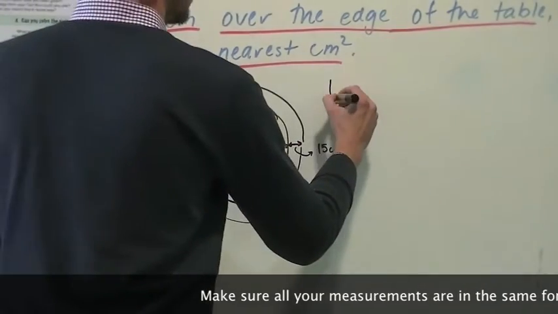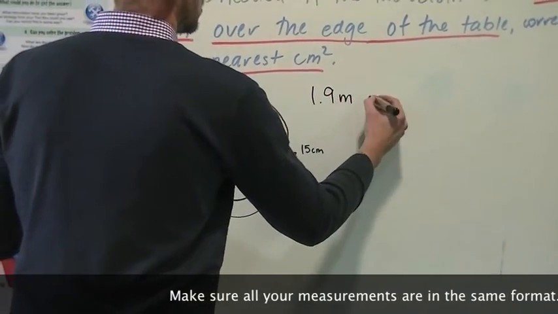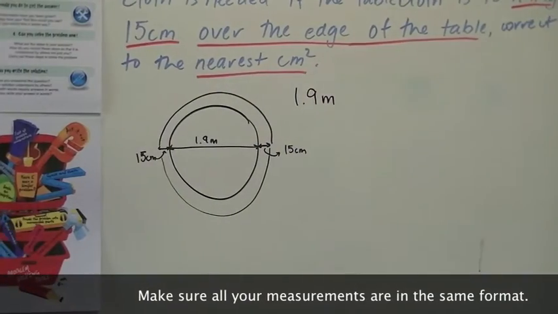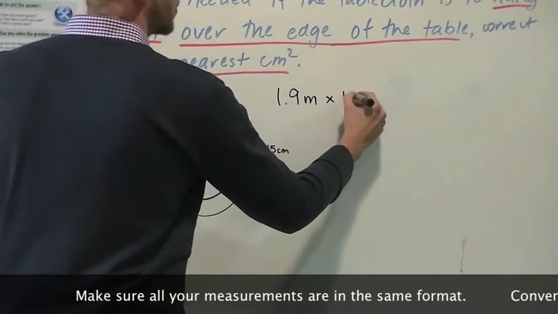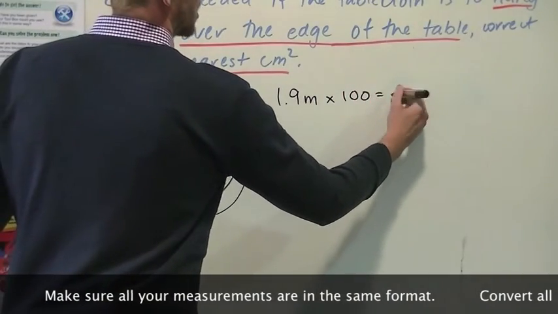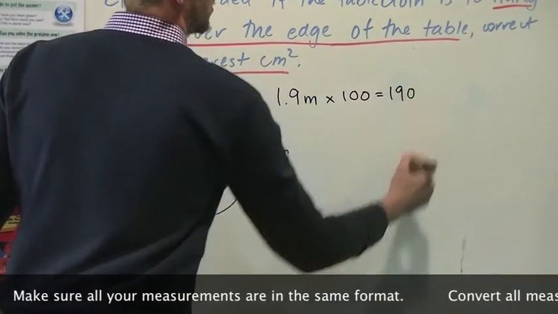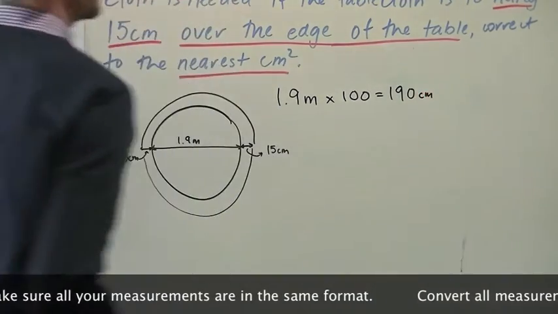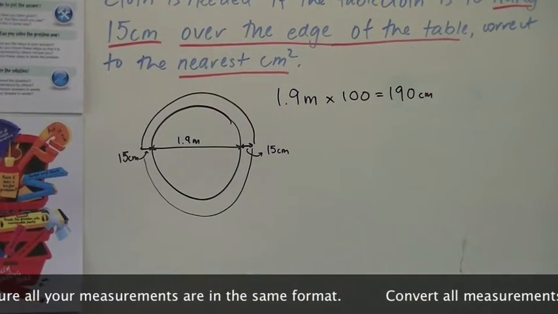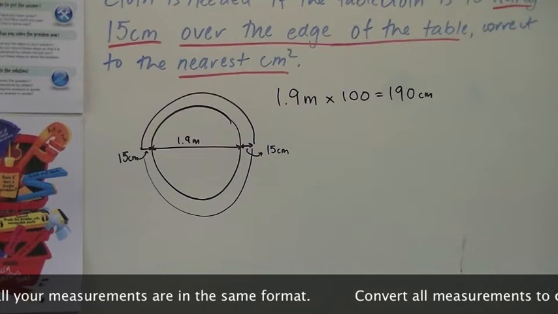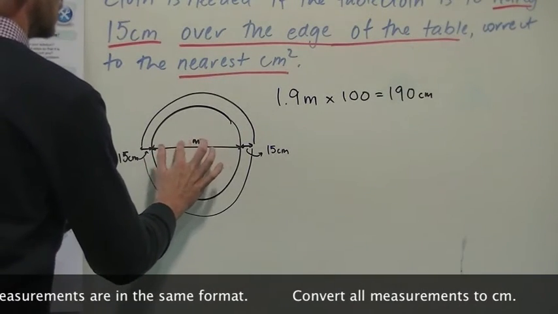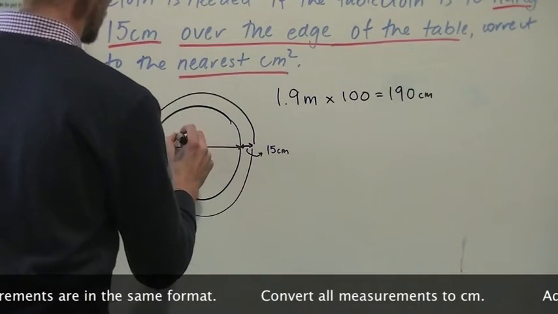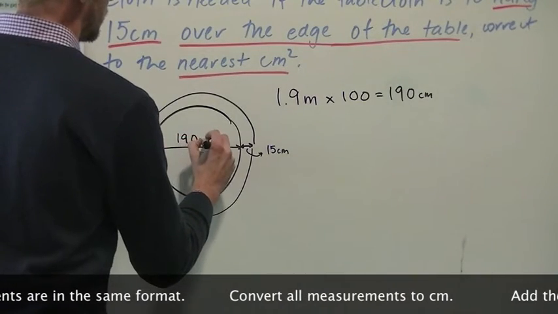Now 1.9 metres, what we need to do is multiply it by 100, because for every metre there are 100 centimetres. We get 190 centimetres. Now that we've done that, I'm going to rearrange this as well, so we can read off our diagram.